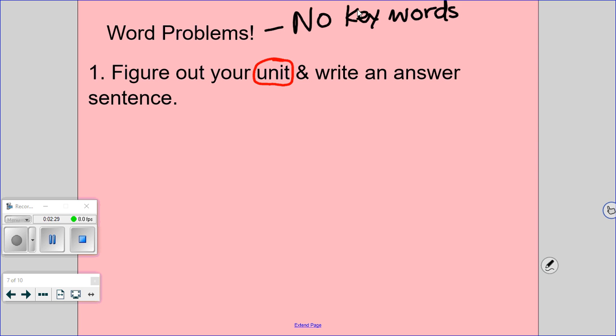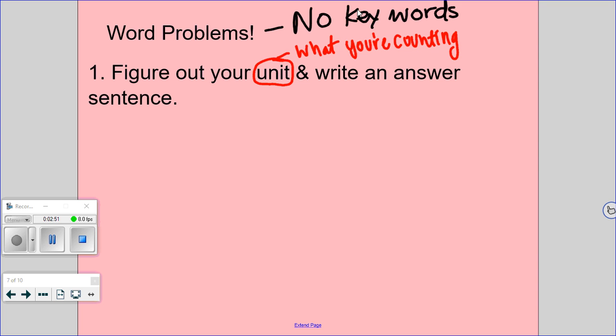That's going to be one operation of math. A unit is just a fancy way of saying what you are counting. So your unit is just what it is that you're counting in your problem.